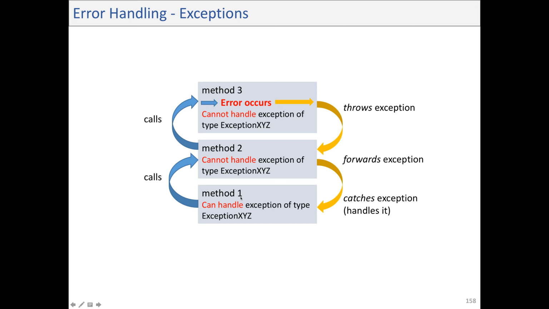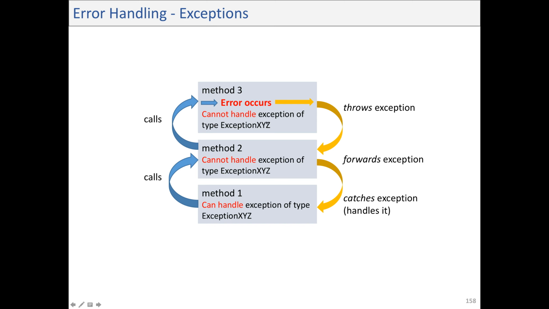Let's look at this diagram here. We have a method 1 that calls a method 2, which in turn calls a method 3. Let's assume that in method 3, an error occurs, and let's assume that this error is of type exception XYZ. Exceptions can have different types depending on what went wrong.